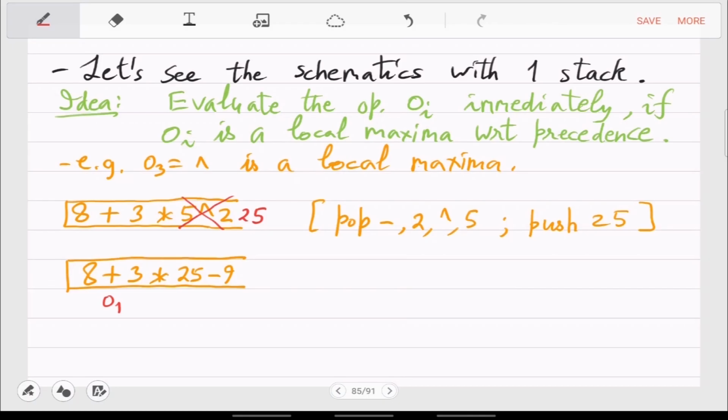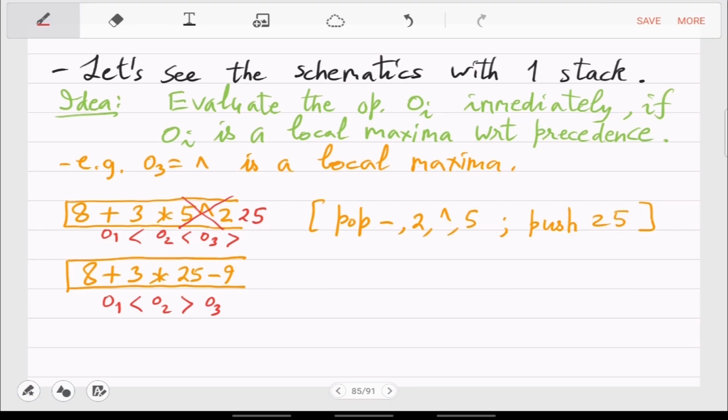So now this is O1, this is O2, this is O3, and you learn what? Yeah, you learn that now this new O2, so I am changing the labels. Previously we had this. So previously it was like this. Now I am reusing O1, O2, O3 for the new stack situation.